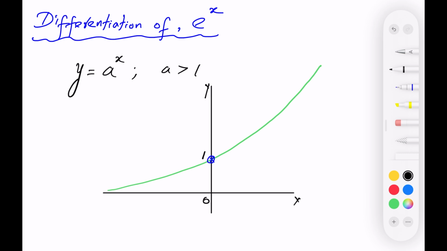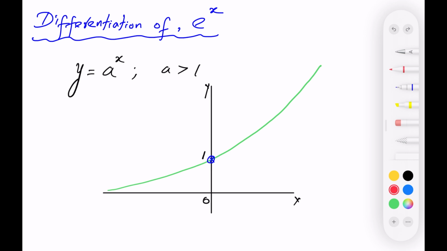Now, if I have to draw another exponential function, let's say y equals b raised to the x, if that b is larger than a, it will be below the green curve for all the negative values of x, and it will be above the green curve for all the positive values of x. Likewise, if you have to draw another exponential function such as y equals c raised to the x, and if that c is less than a, remember still that c should also be larger than 1.